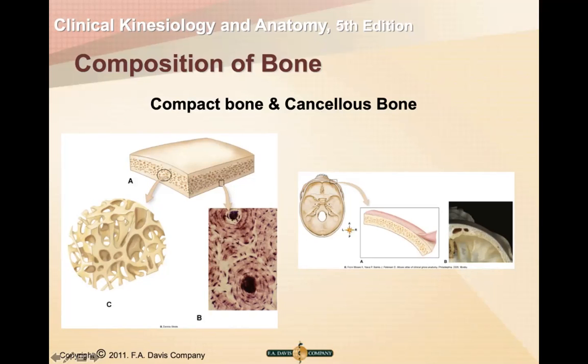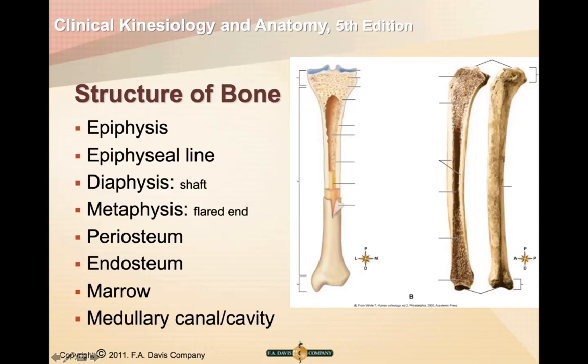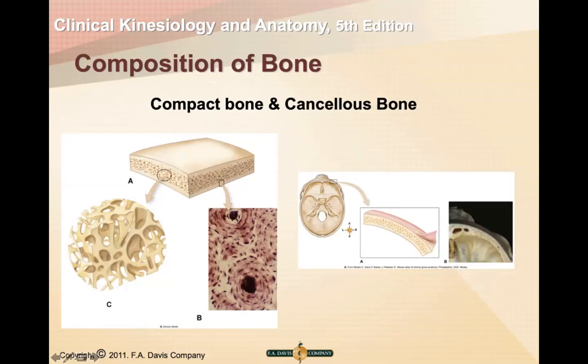But if you look at this real picture, you probably can't see it on the screen that I'm sharing, but if you look at it on your own PowerPoint slide, you'll be able to see there's little bitty holes all the way through there. That's just part of the lattice network of the bone.